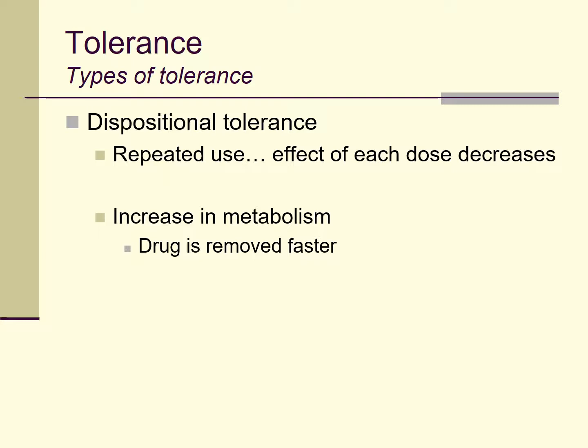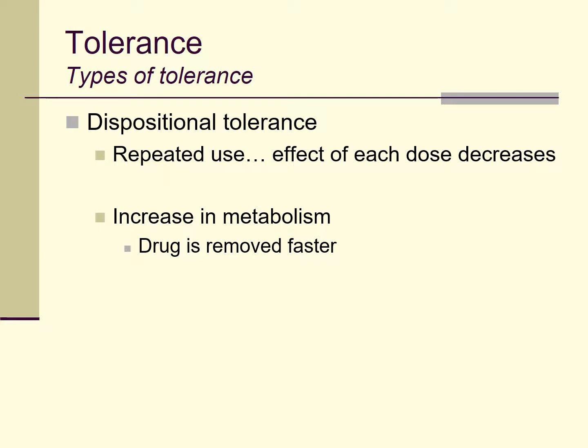For humans, and actually for most animals, the liver is a major place where drugs are metabolized, so the body is getting rid of the drug as quickly as it can so as to get rid of those effects. Your body generally speaking fights against being intoxicated by almost any drug that you introduce to it. And that rate of metabolism, that rate of biotransformation, can change, at least for some drugs.